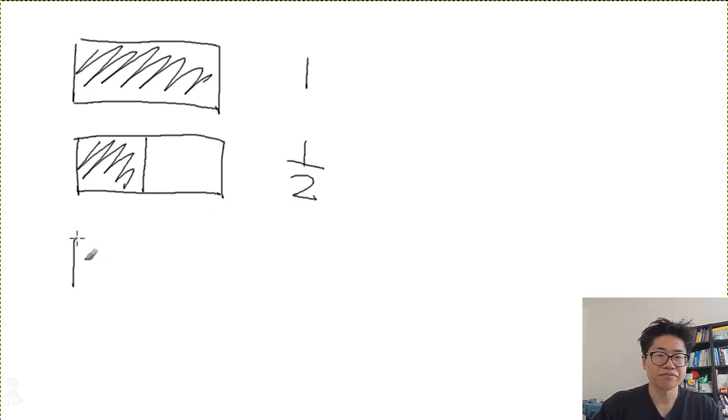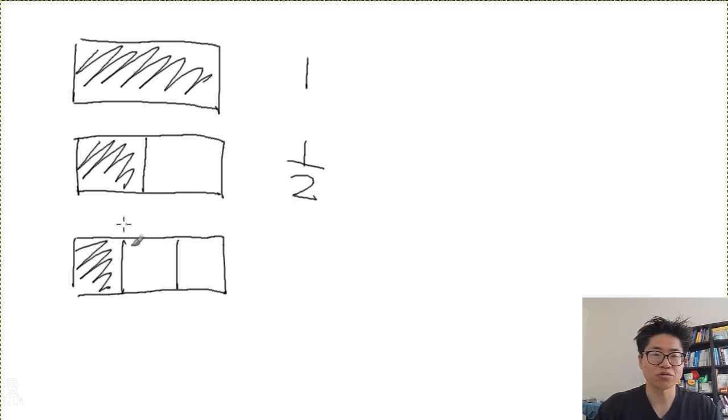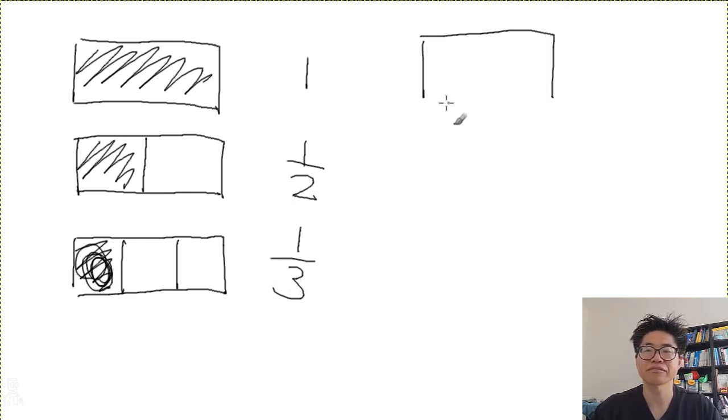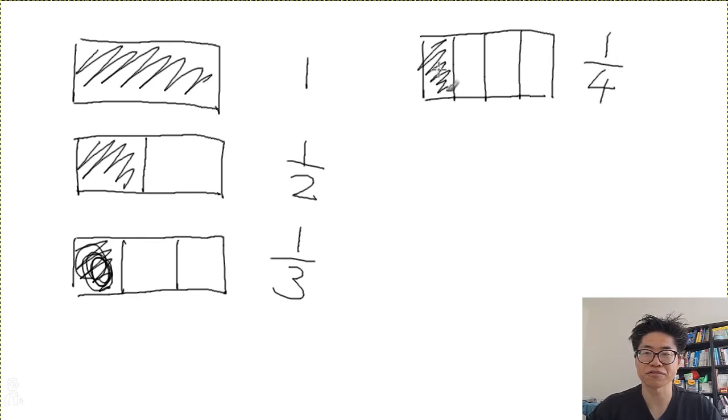In the same way, I divide 1 chocolate bar into 3 equal parts, and this part I call 1/3. The same, the 1 chocolate bar I divide into 4 equal parts, and this part I call 1/4.